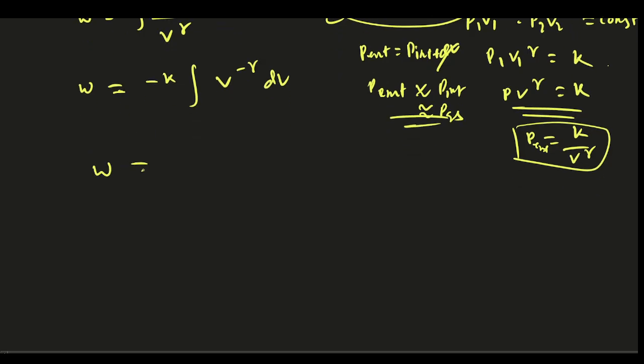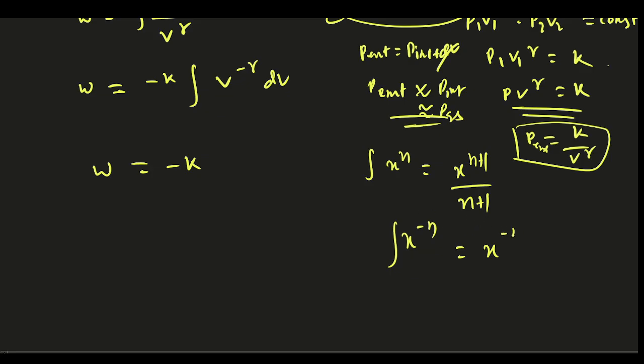Then we do the integration, so it's negative. We know that the integration of x to the n is x to the n plus 1 by n plus 1, and if it is x to the minus n, then it will be x to the minus n plus 1 by minus n plus 1.